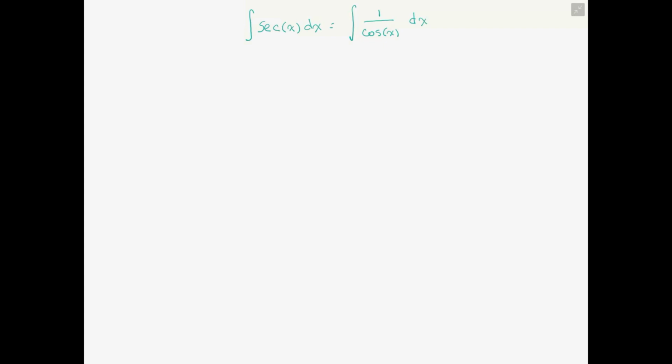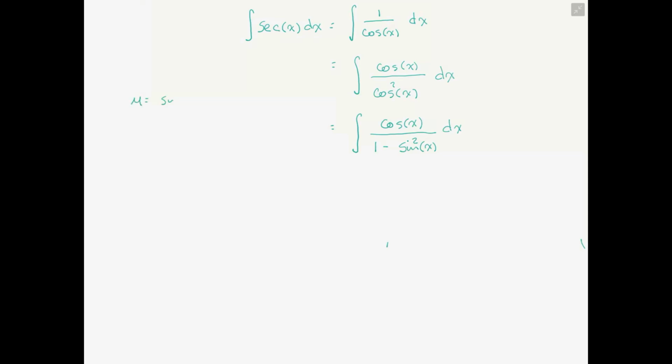And in this case, we recognize that secant is just 1 over the cosine of x. And if we multiply the numerator and denominator by cosine of x, we can use some trigonometric identities in the denominator. So we have cosine of x over cosine squared of x. And now we apply that trigonometric identity, which is cosine squared of x equals 1 minus sine squared of x.